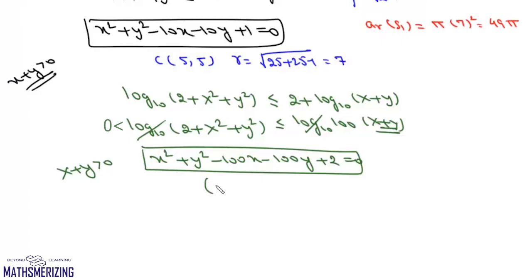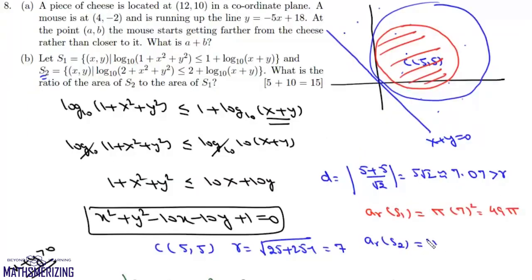Now for this circle, the center is at (50, 50), and its radius will be the square root of 2500 + 2500 - 2, which is 5000 - 2 = 4998. So the area of S2 will be πr², and r² in this case is 4998. We need to find the ratio of the area of S2 to the area of S1.